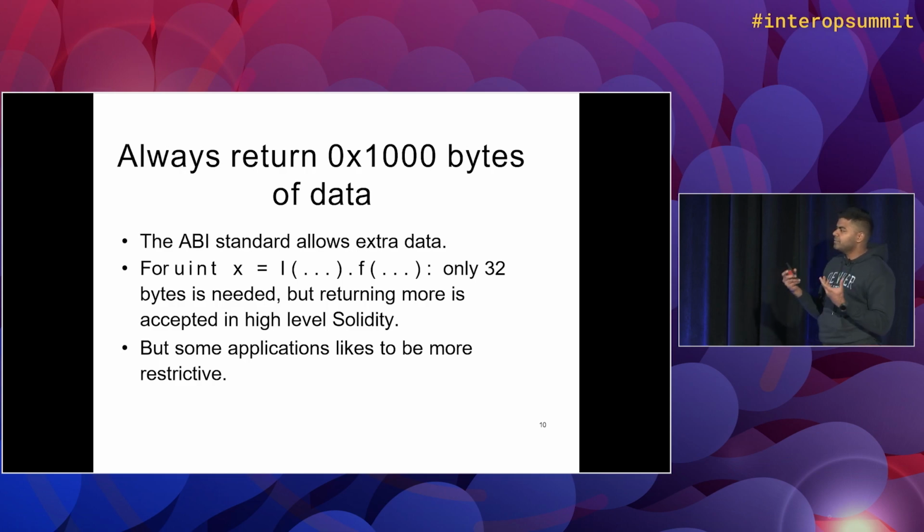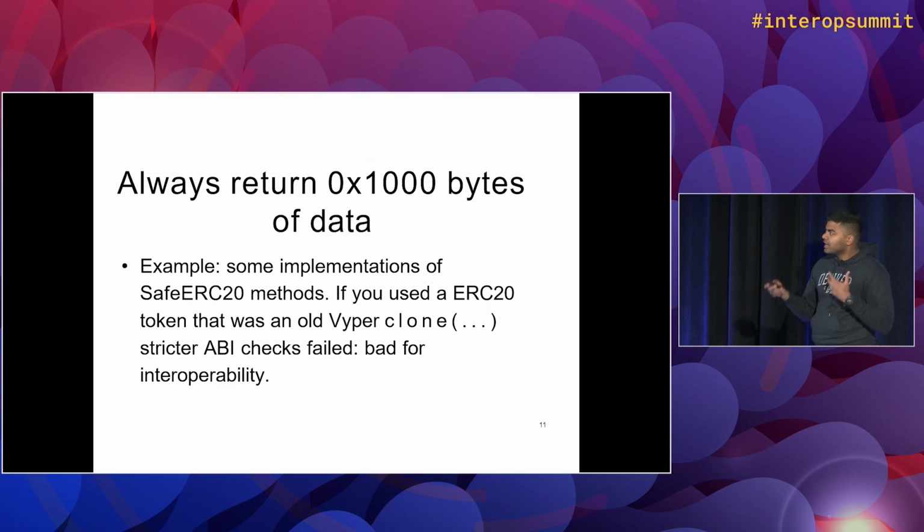But there are many applications which like to be more restrictive. They want to exactly fix how much calldata you send and how much return data you are getting. One example is what's called safe ERC libraries. To give some context, the ERC20 standard has some real-world flaws, in the sense that there are some popular tokens that aren't implemented properly.